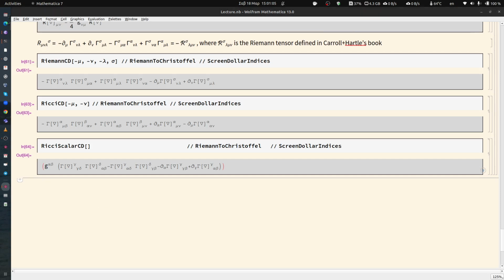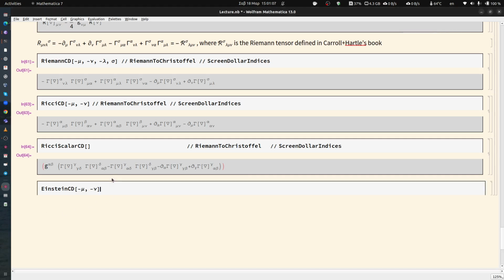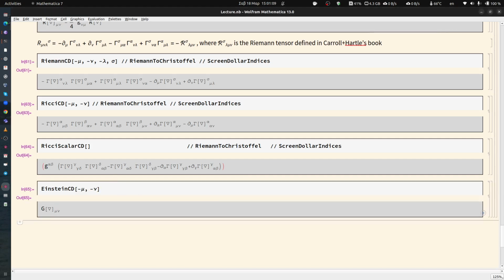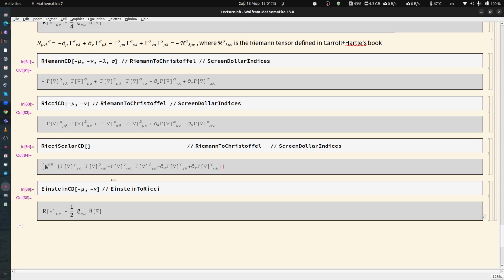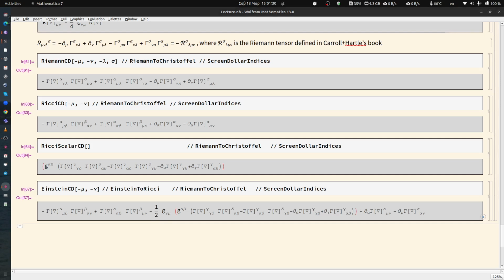Now, if you want to see a similar expression for the Einstein tensor, first you have to obtain an expression that involves the Riemann tensor, like the Ricci tensor, and on it you can apply the function RiemannToChristoffel to have an expression involving the Christoffel symbols.